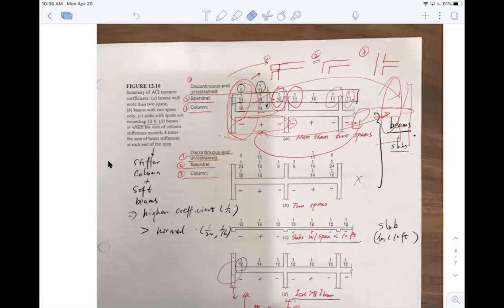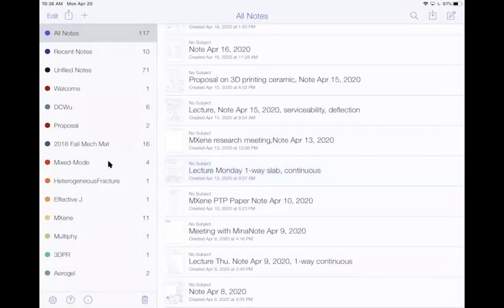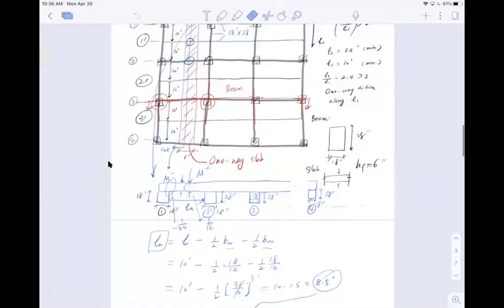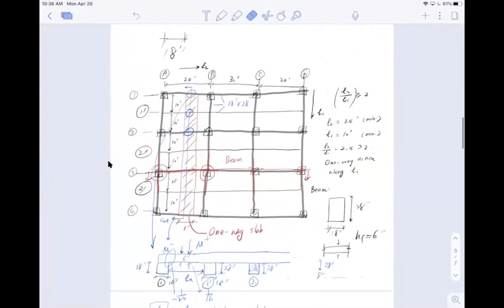Would it be okay if we just did half and said the other half was identical? Yes, that's typically what happens. Let me go back to this. This is the typical example.